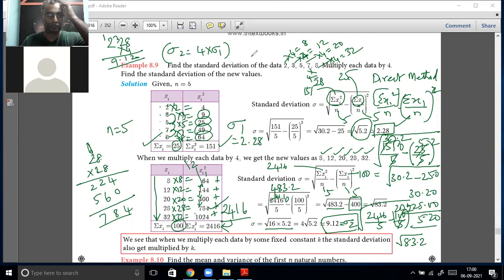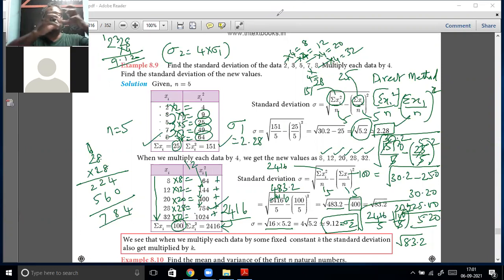If you add one particular constant k to all the xi values and calculate the new sigma, it will not change, because you have only shifted the numbers to the right. All the numbers have shifted together. But if you multiply the numbers, then the numbers are spreading apart. You are pulling them apart.